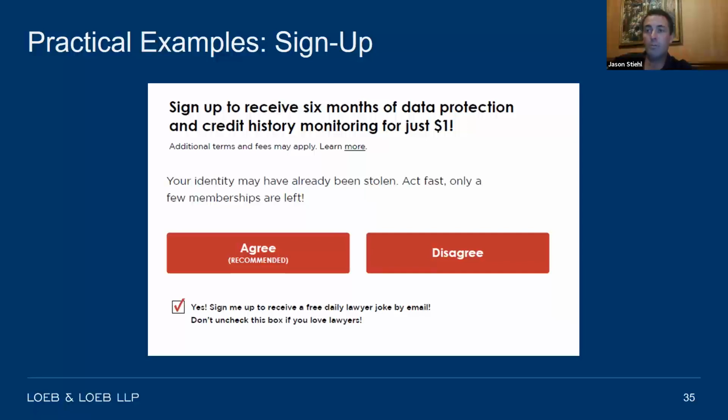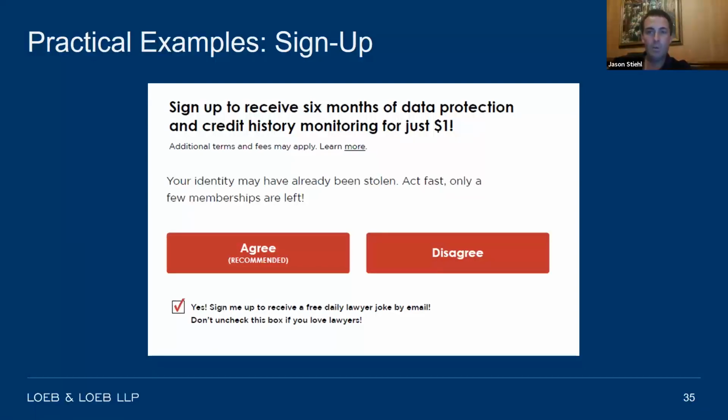Only a few are left. Now, again, as David mentioned, if these things are true, then of course you can say them. But where it becomes tricky is where you're using these to convince a consumer when you don't have the facts or the information to support the claims you're making. Likewise, same color buttons, which is better, but then underneath, under the agree, it tells you this is the right choice for you to make, right?